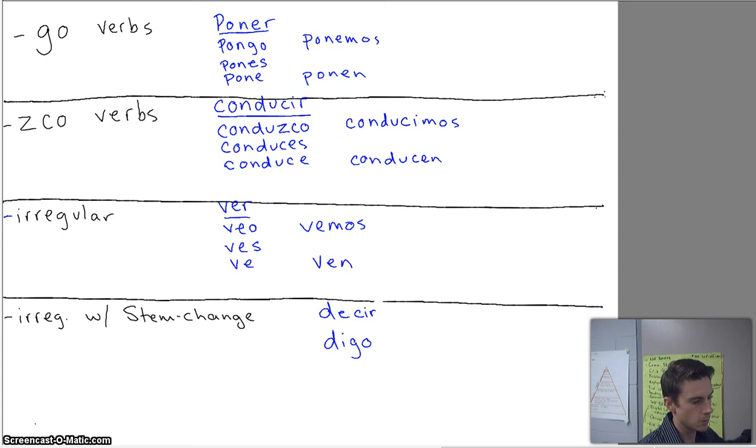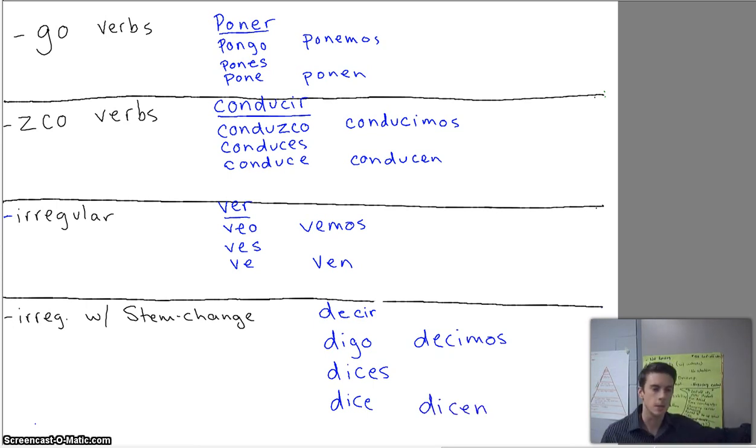So digo, and then the stem change stays the same, but now we go back to regular endings. Dices, dice, decimos, remember no stem change in the nosotros, and back to stem change in the ellos, ellas, ustedes form. Those are your irregular yo verbs.